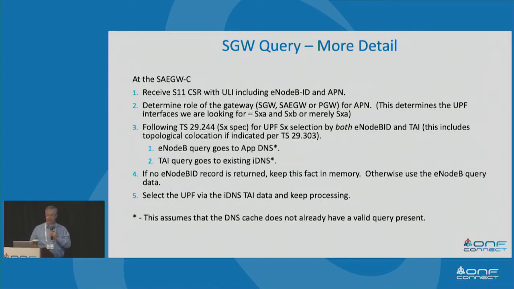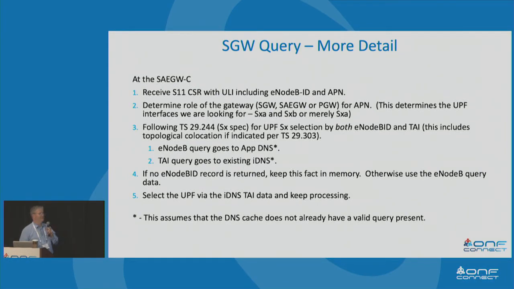Specifically at the S gateway, what we're doing is essentially this. This is the pseudo logic. We go ahead and determine the roles, and that's pretty straightforward. You know you're an SAE gateway if the APN and the P gateway information also includes you. So if you're not only the S11 interface, you're also the P gateway that's identified, congratulations, you are now an SAE gateway.